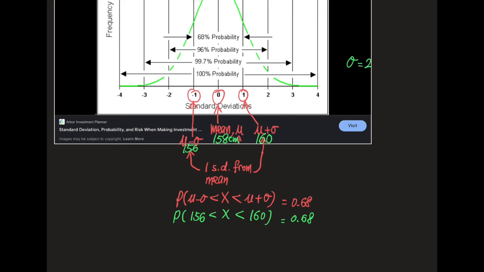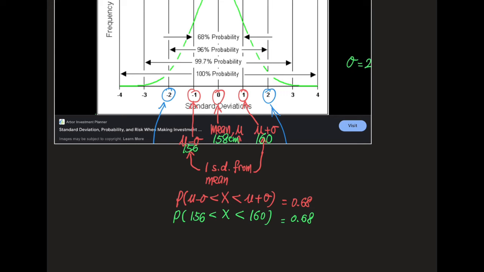Then we continue our explanation. Two standard deviations away is this one and this one. Two standard deviations away is mu plus 2 sigma and mu minus 2 sigma.